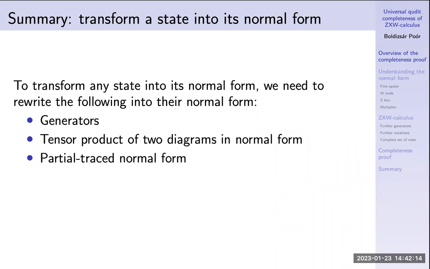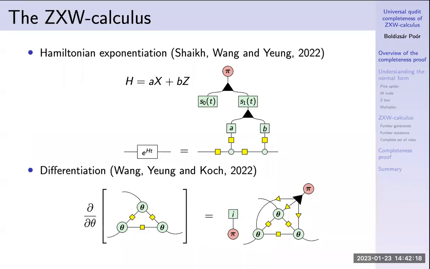All right. Now, we use the ZXW-calculus. This is a relatively new calculus, but there are already a couple of examples where people used the ZXW-calculus to explore interesting things.